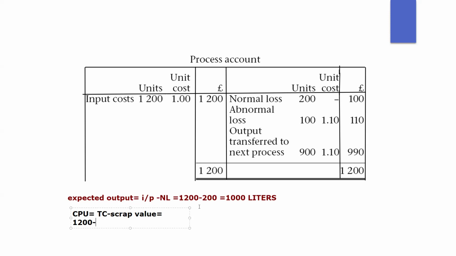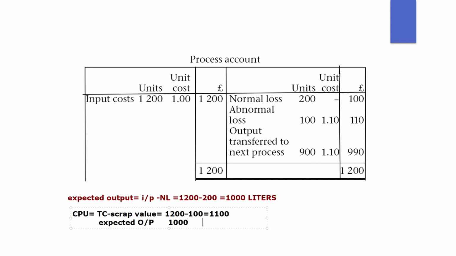From that, we are going to deduct the scrap value, which is 100. So this value should be divided by the expected output, which is 1000.